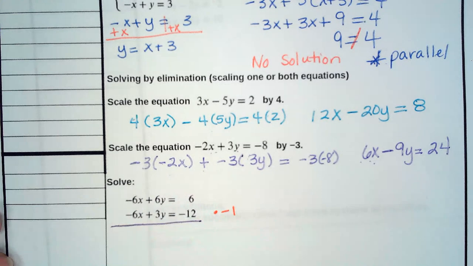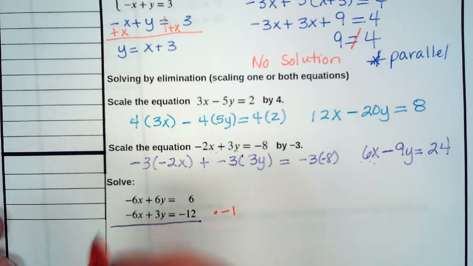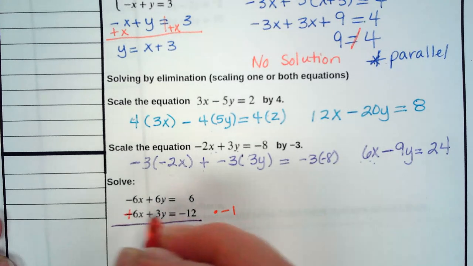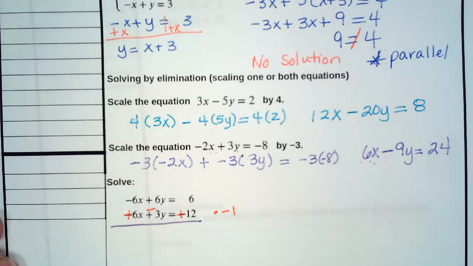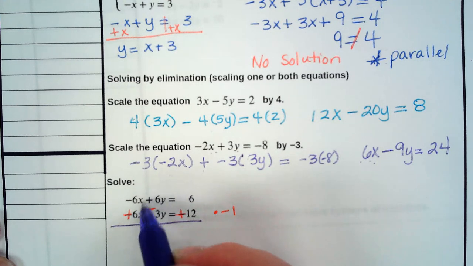So this becomes positive 6x, negative 3x, and positive 12. I've now created opposites. Negative 6x plus 6x is 0.